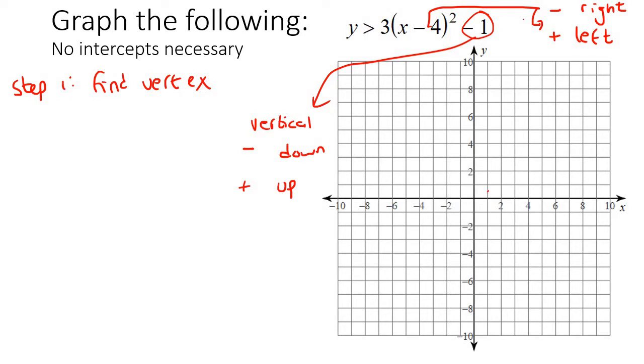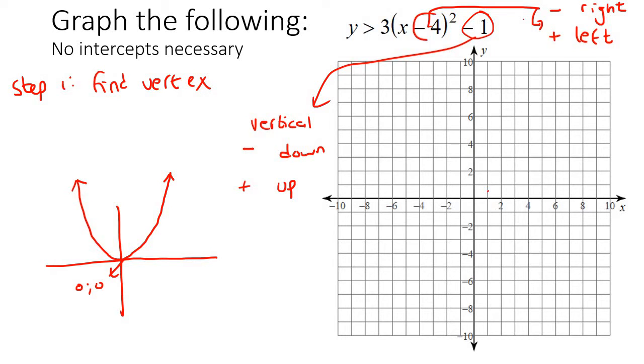Now, what you got to remember is that a quadratic, you can imagine that it starts over here. This is the basic quadratic, called the parent quadratic. It's the most basic quadratic you can ever get, and it has a vertex at 0, 0. So imagine that. Then we're going to move 4 places to the right, and 1 place down.